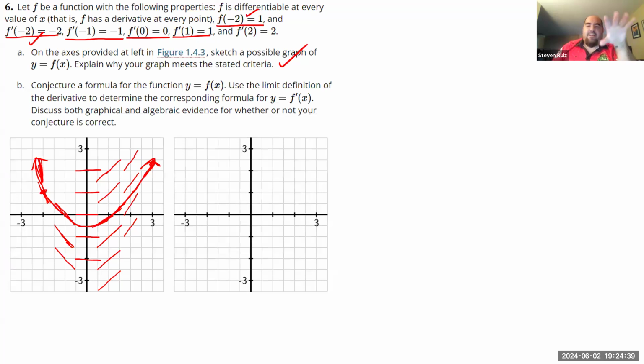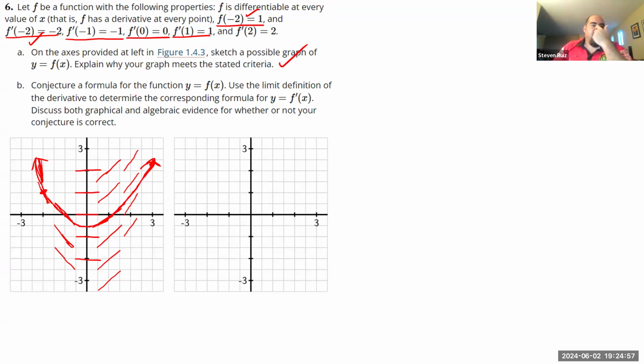Based on the very limited data we're given, this is what this graph looks like. I'm very confident it's a parabola. As far as how high or low it is, or how steep the sides are, I'm not sure about that, but I think I have a pretty good representation so far.